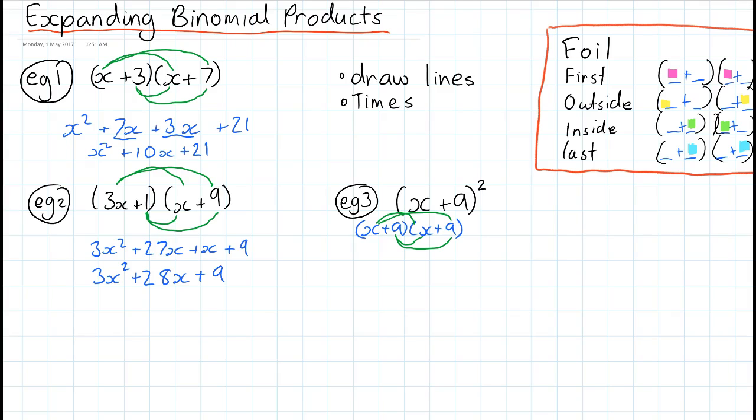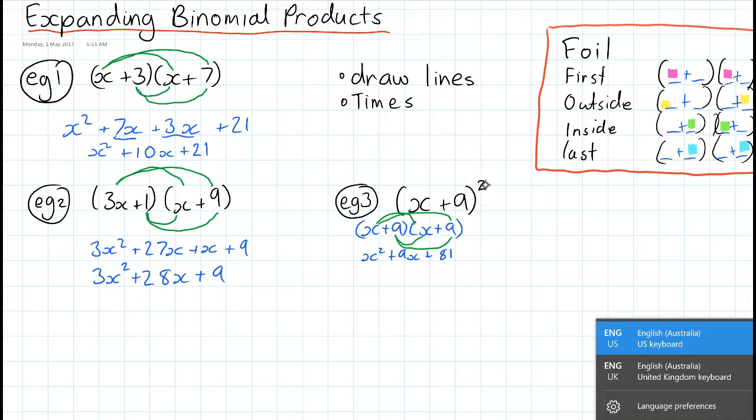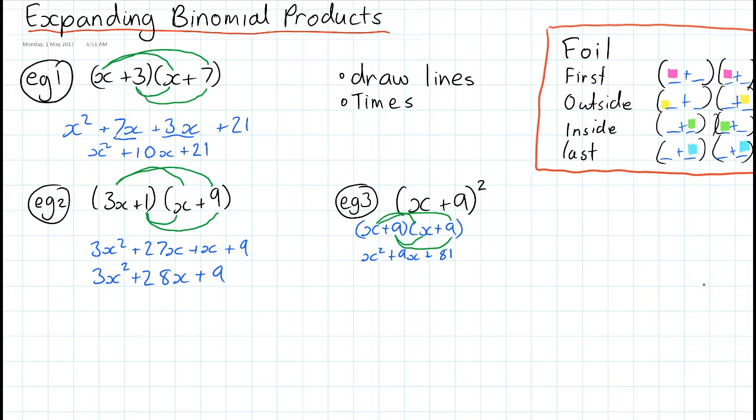Okay, and then do the times. So x squared plus 9x plus 81. Okay, and that's that style of question. It's exactly like the others. It doesn't look like that question, but it is, because when you're squaring, you're timesing it by itself. You're taking one bracket and timesing it by the same bracket.